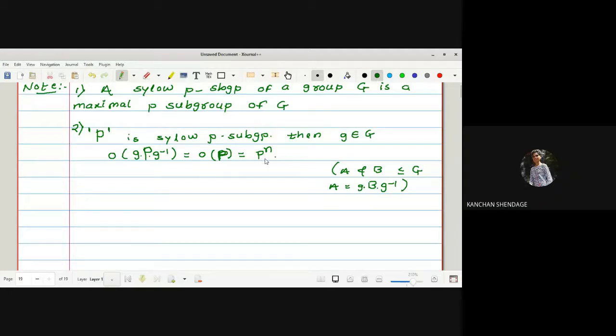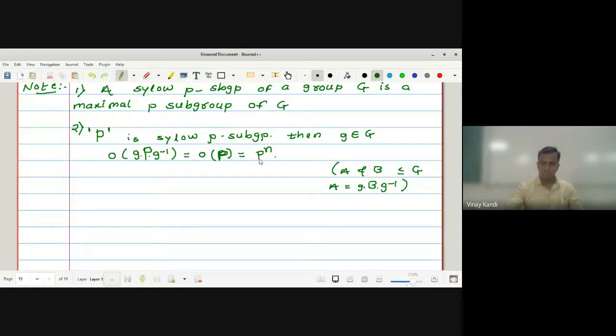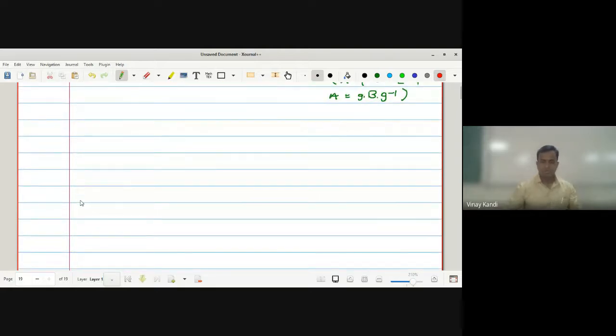No, sir. Okay, so we will move towards the first Sylow theorem. Look at here. What is the statement of this? First Sylow theorem.